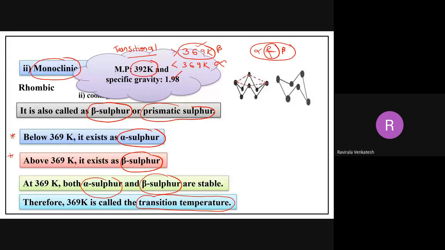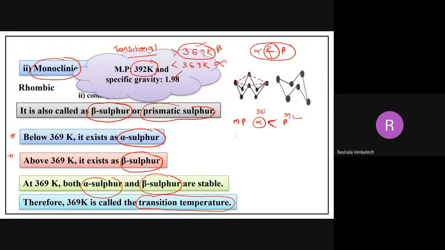Now tell me, what is the melting point of alpha? 385.8. For the beta form it is 392, so for alpha we have to write less than. The melting point of alpha is less than that of beta.